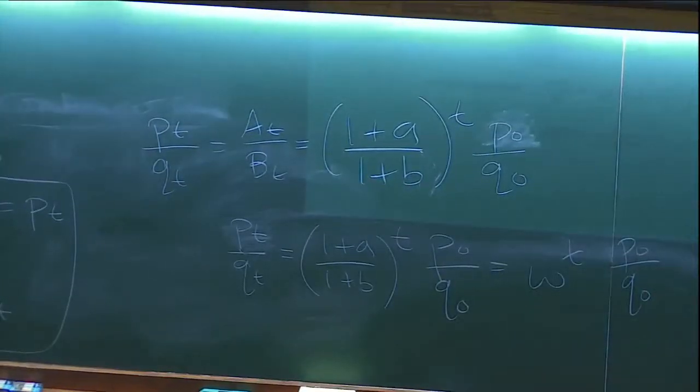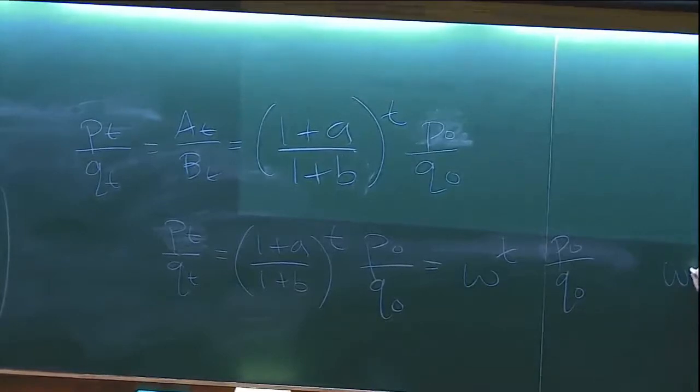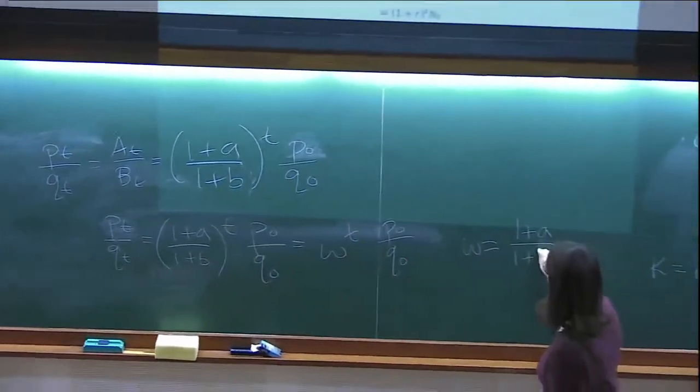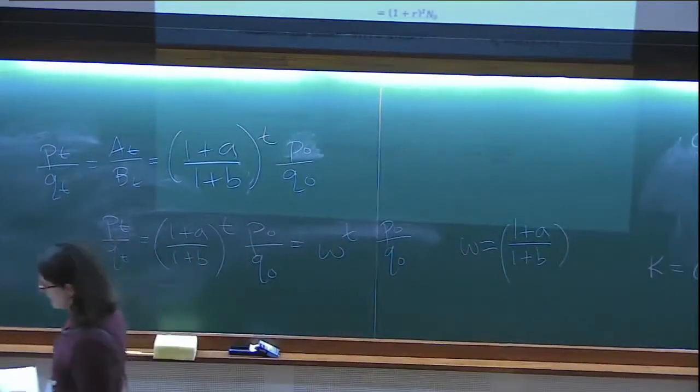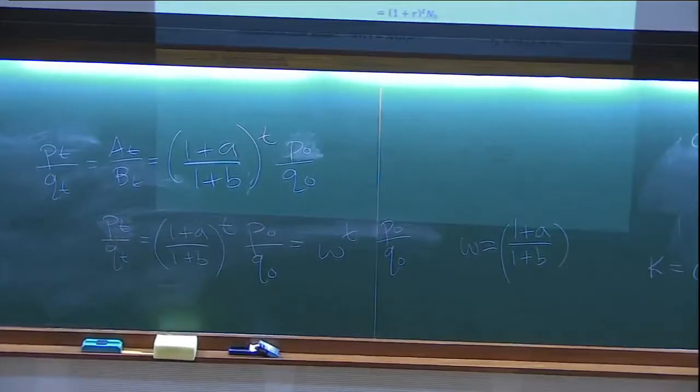Now I've just introduced a fitness measure in this discrete time. That's the ratio of these two relative growth rates. So that gives me a measure of fitness. It's actually defined in this way. It's a measure of the fitness of A relative to B.